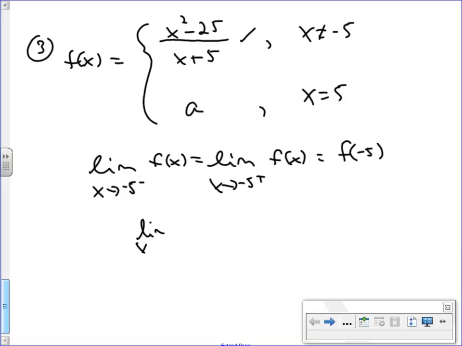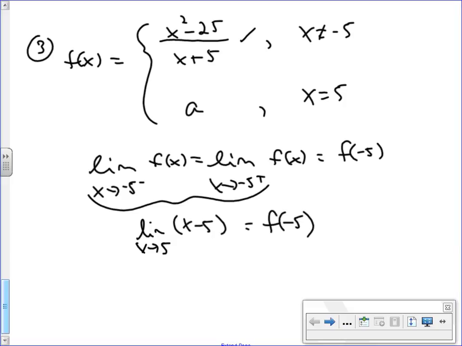The limit as x approaches 5, left or right, of f of x, I'm going to factor and reduce. I'm going to plug it into this function, and that has to equal f of negative 5. Okay, so here it is. The limit from the left equals the limit from the right. Therefore, it's just the limit as x approaches just plain 5.